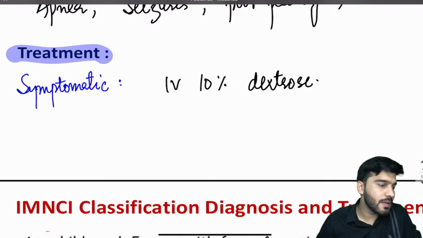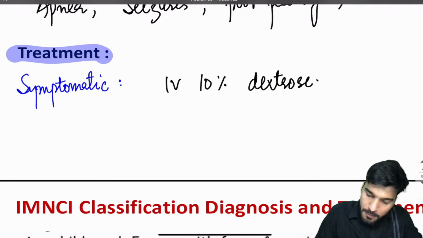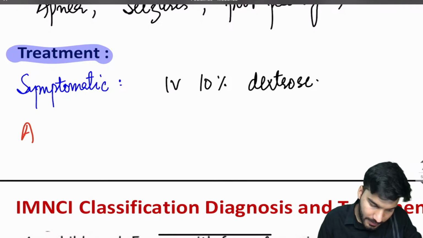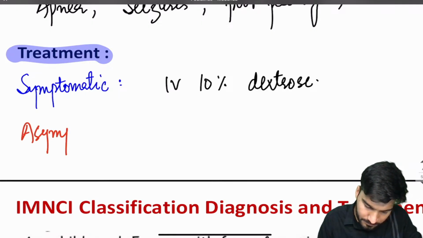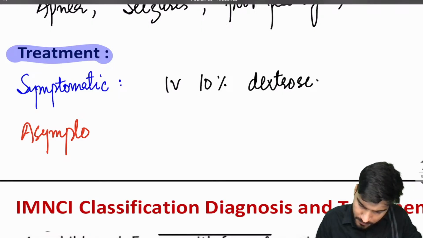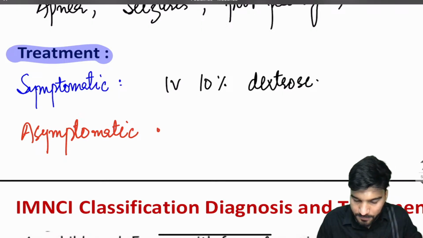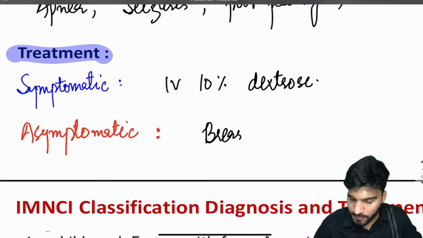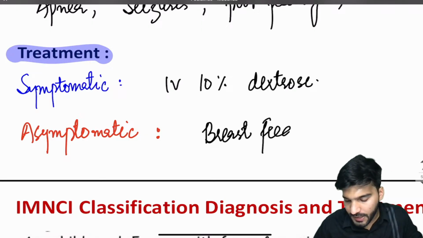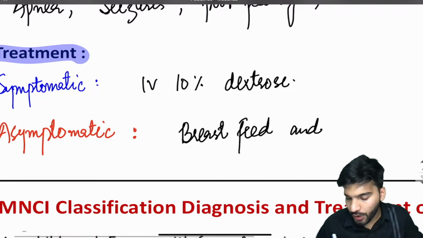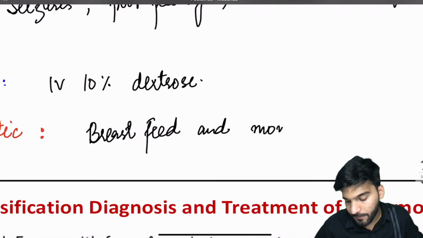If a patient is asymptomatic, we need to continue the breastfeed and monitor glucose levels.